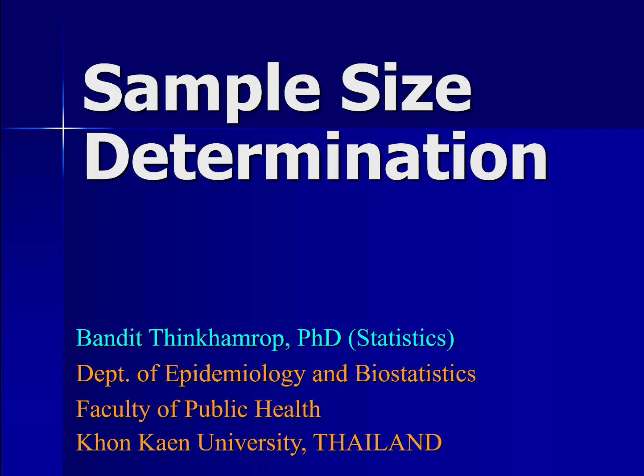Sample size determination is the most demanding topic. It is the topic that researchers come to seek help from a statistician, but usually they ask for something that is difficult to help with.